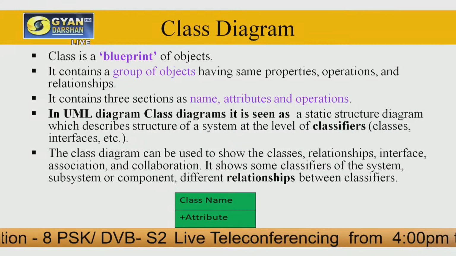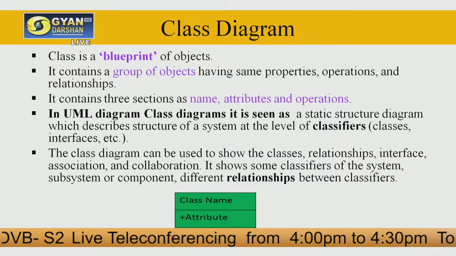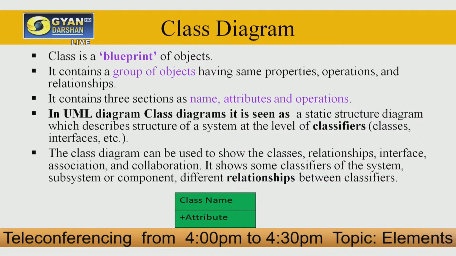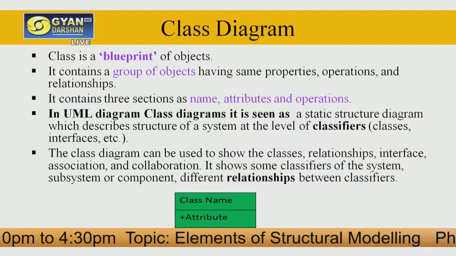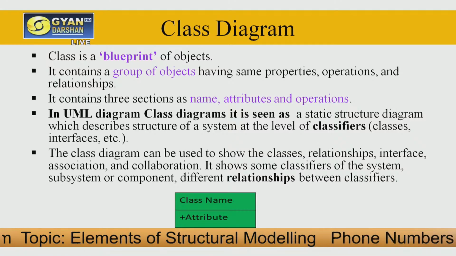Now, if we try to understand a little more about the class diagram, then as we have learned some object oriented programming languages so far, in that also we have seen this definition. Class is nothing but a blueprint of the object.